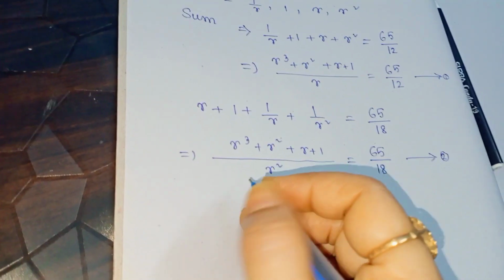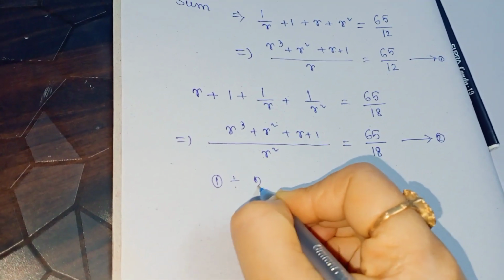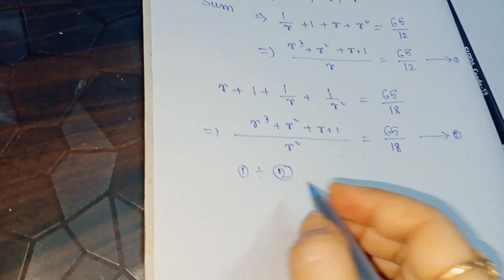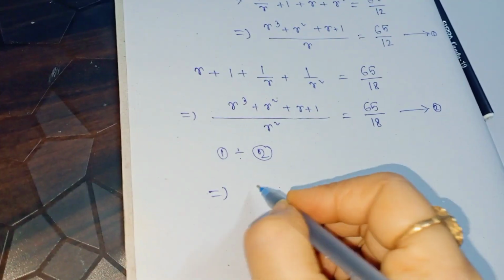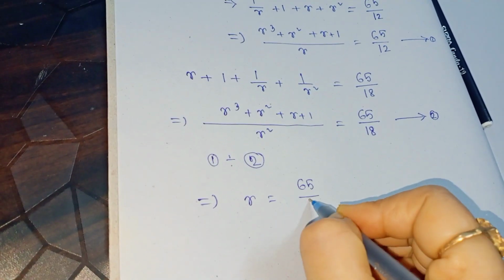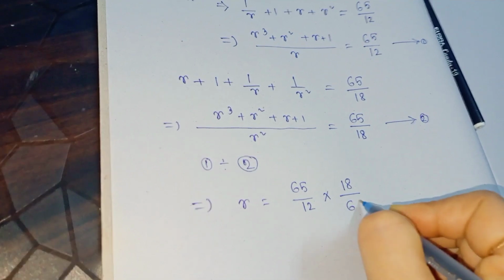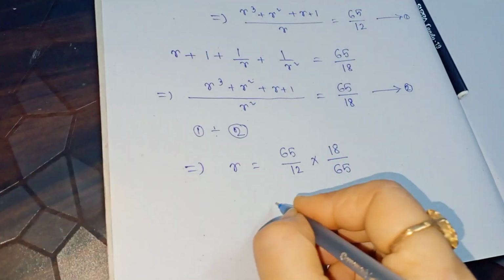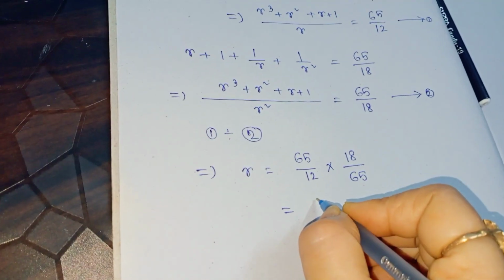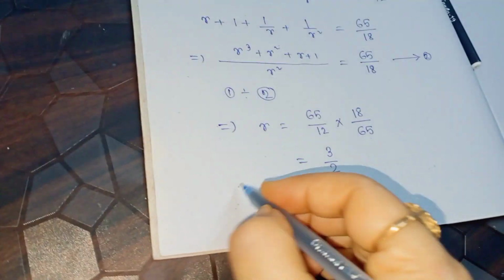So dividing 1 and 2, here we get R is equal to 65 by 12 into 18 by 65, that is equal to 3 by 2.